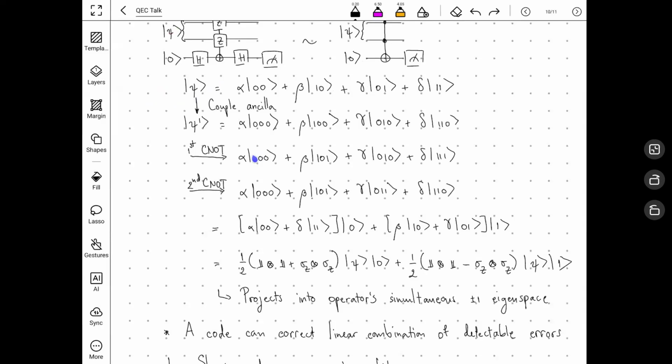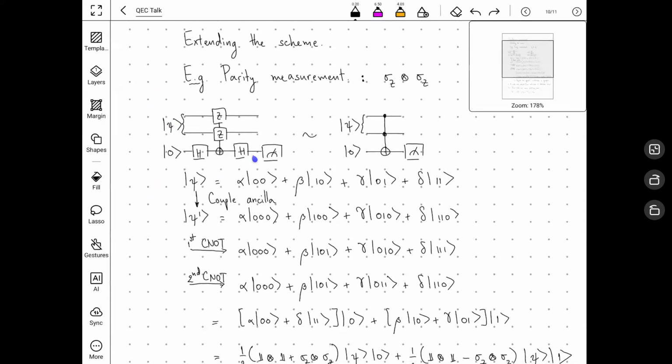So this scheme of measuring Pauli operators can be extended to simultaneous measurements. For example, in the 3-qubit bitflip code, it uses something called a parity measurement, which uses two Pauli operators at once.